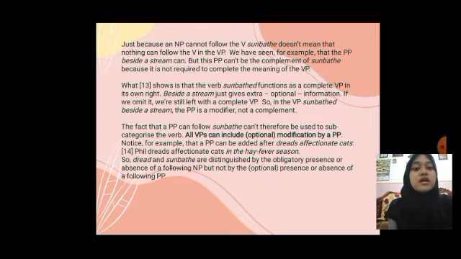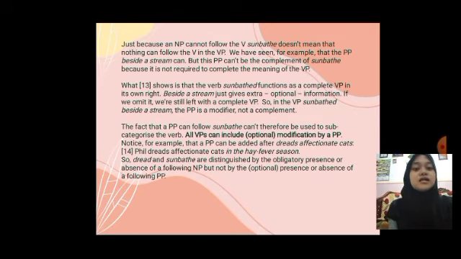This shows that the verb sympathize functions as a complete verb phrase in its own right. Beside a stream just gives extra optional information. If we omit it, we are still left with a complete verb phrase. So in the verb phrase sympathize beside a stream, the prepositional phrase is a modifier, not a complement.